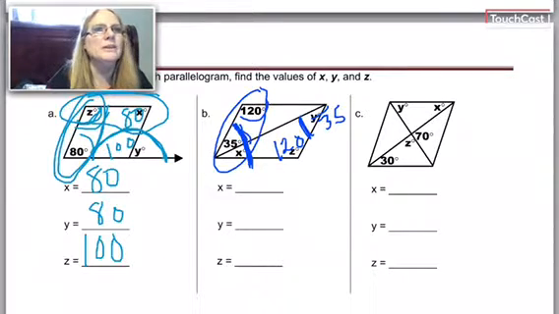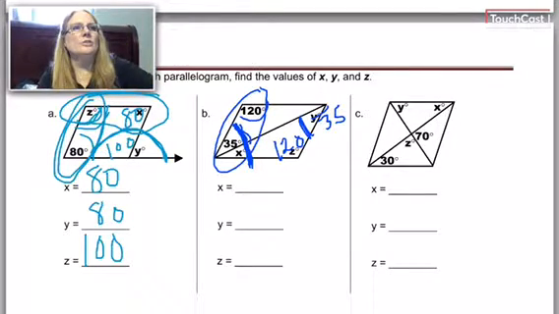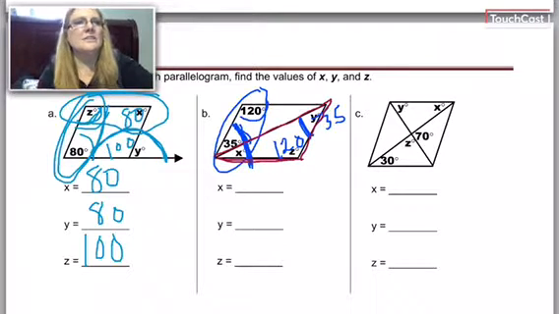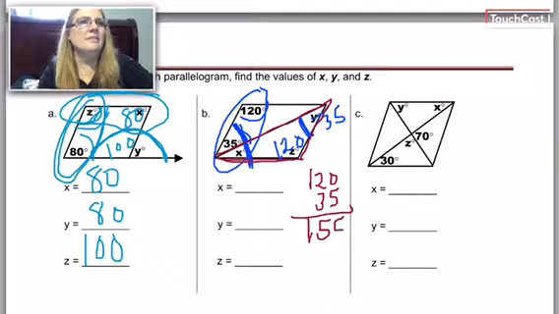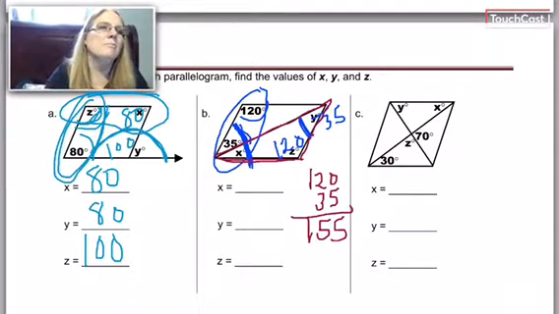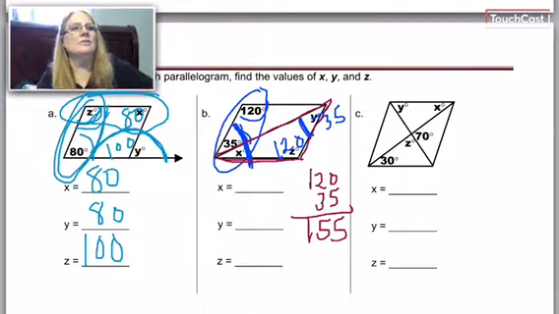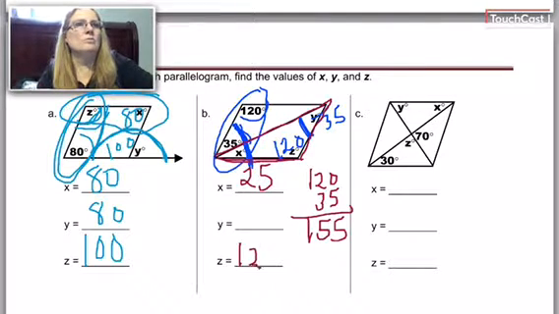Or you could look at this triangle over here. That all has to add up to 180, so that's another way. So I'll do that. 120 plus 35 is 155, and 180 minus 155 is 25. So that's 25, z is 120, and y is 35.